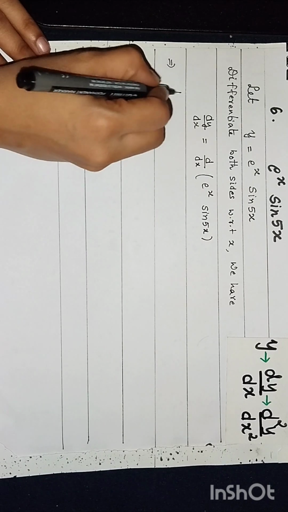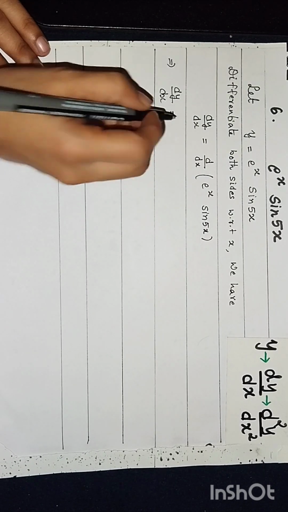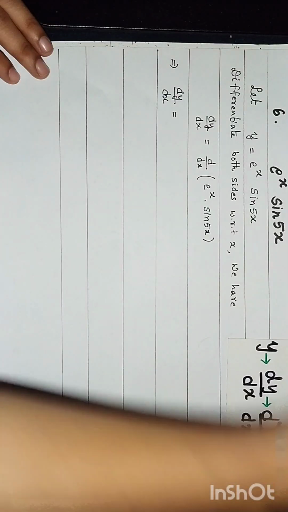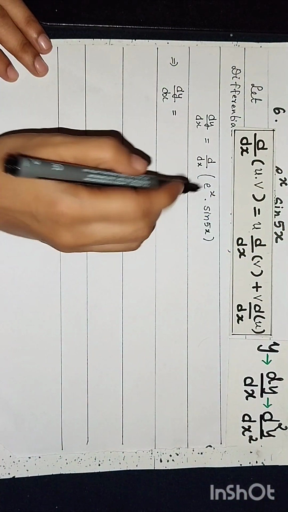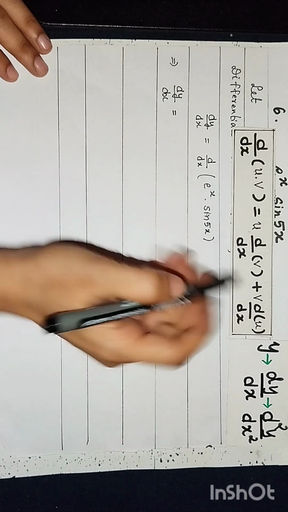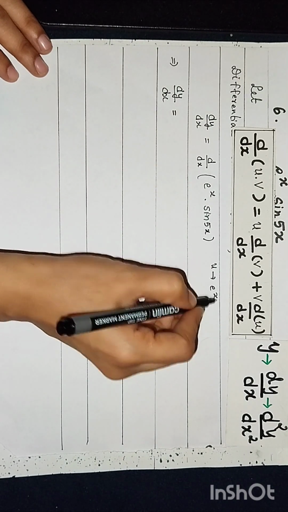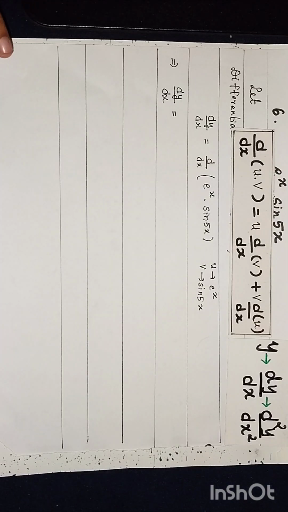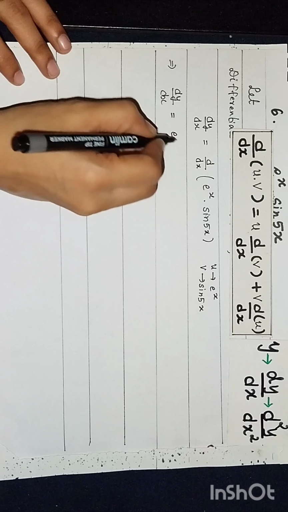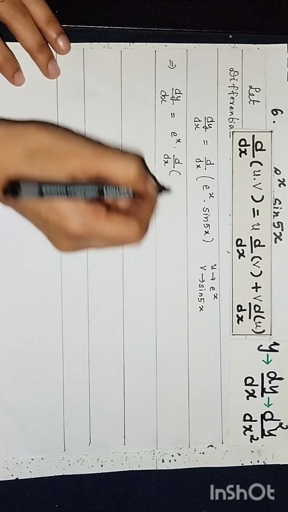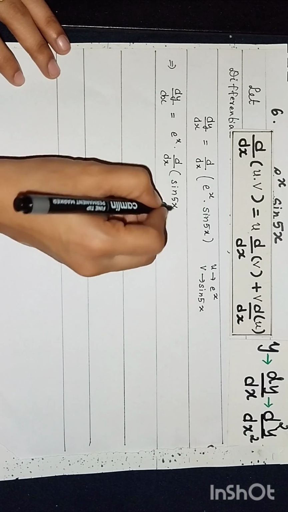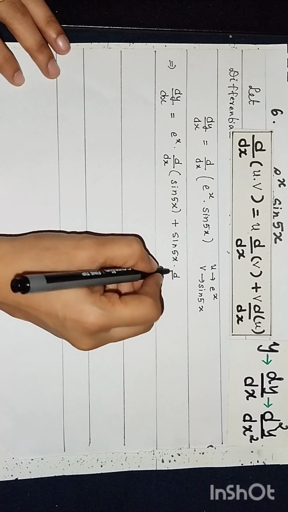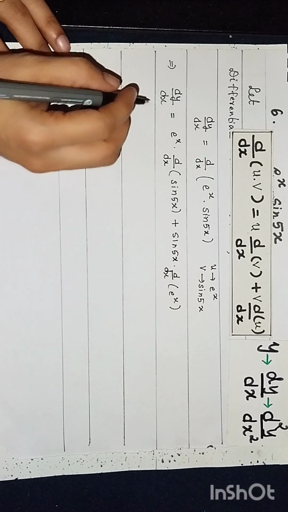Now this implies dy by dx is equal to, so how to differentiate product of two functions? We will apply the uv rule, right? Here u is e to the power x and v is sine 5x. So e to the power x d by dx of sin 5x plus sin 5x d by dx of e to the power x.